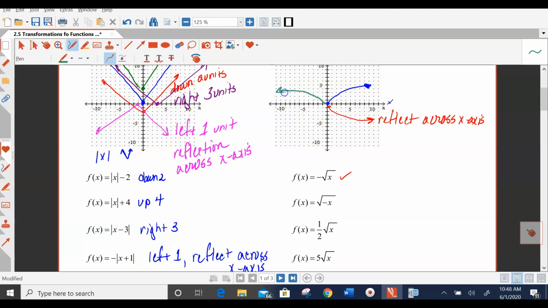He looks like that. So the center is still 0, 0 for all of these, but this one is arcing out to the left. So there's been a reflection across the y-axis. That negative inside tells me I reflect across the y-axis.